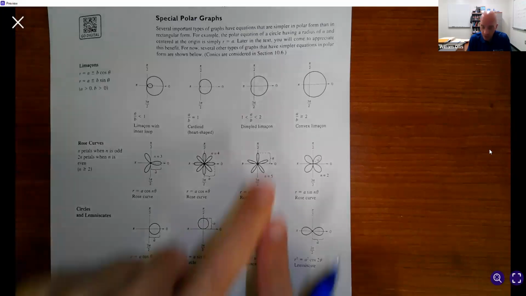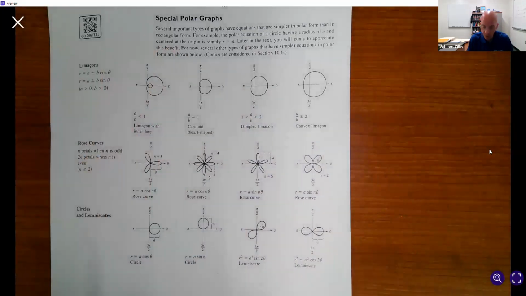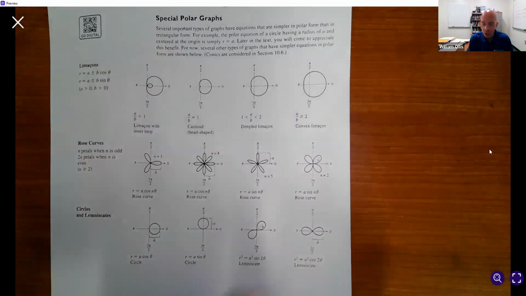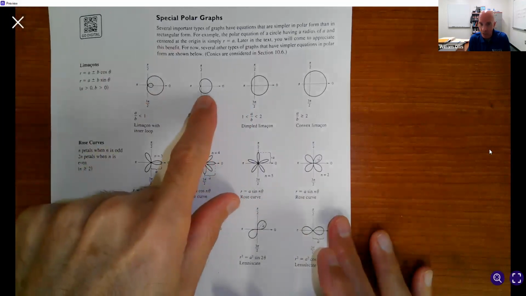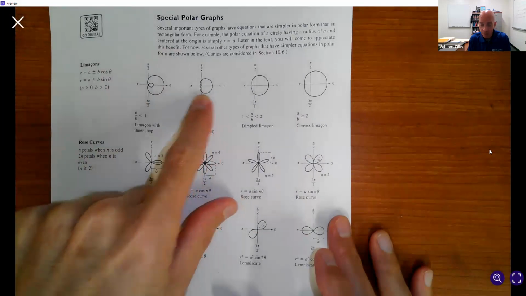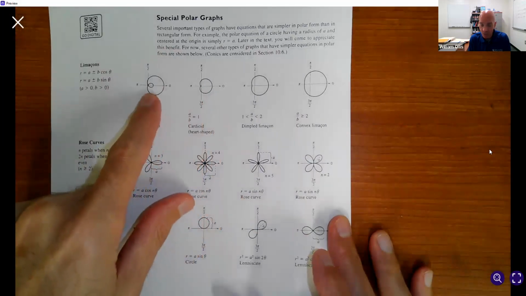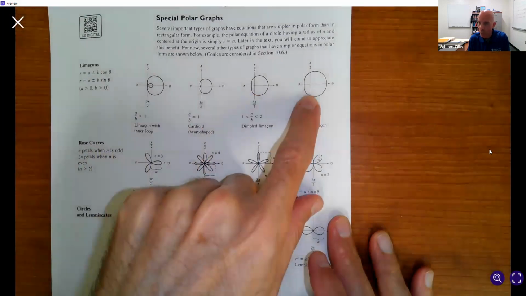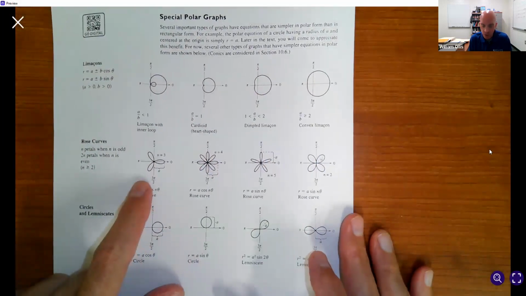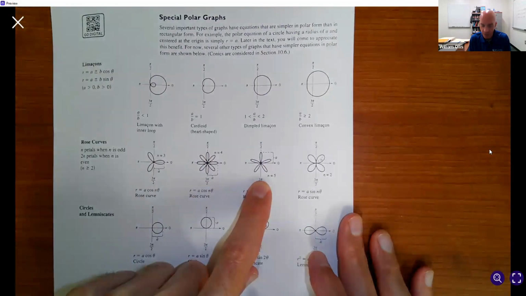Now, the other types of curves that come up quite often and are more simple in the polar representation are the limacons. You saw the cardioid, the little heart shape, but you can have limacons with an inner loop, kind of a dimple, and then just kind of a morph circle. And then you can have the rose curves, which are very simple.